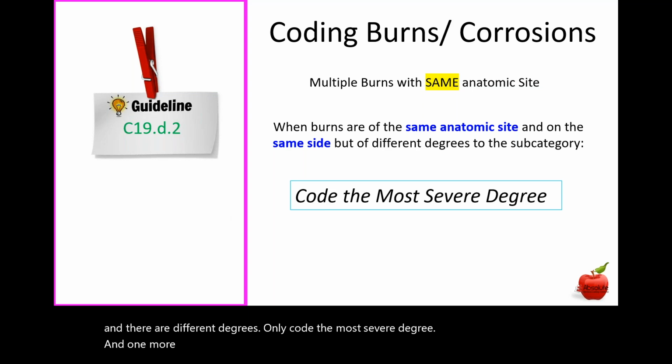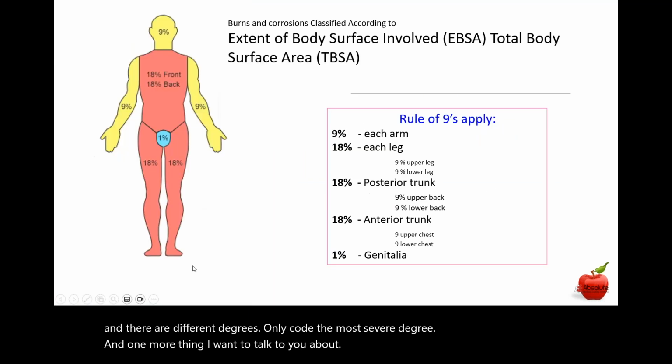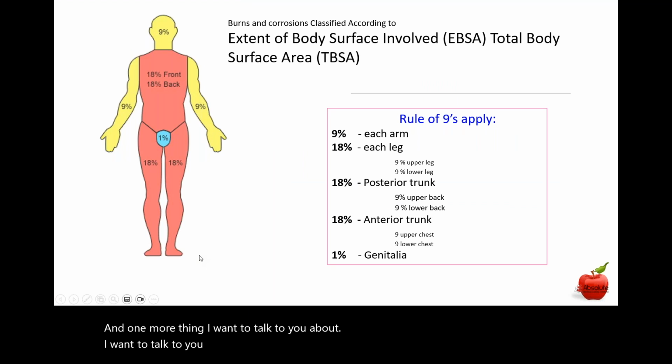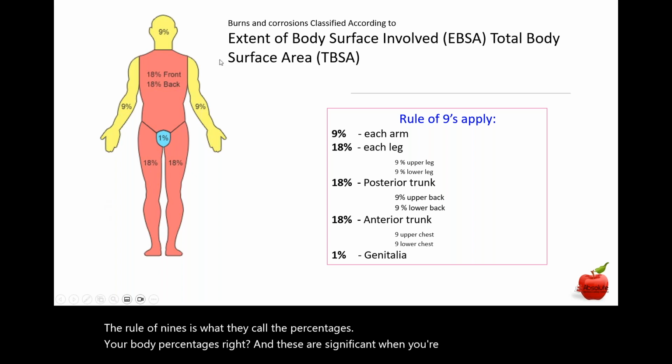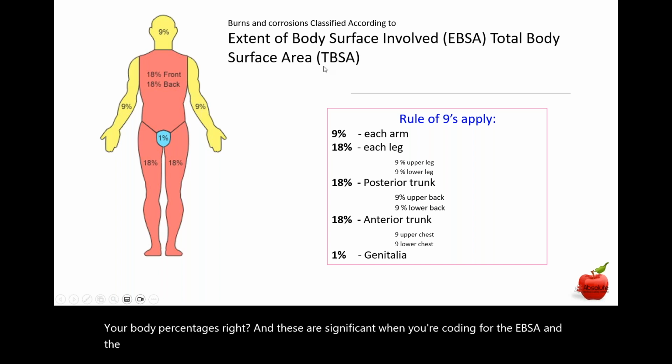And one more thing I want to talk to you about: the rule of nines. The rule of nines is what they call the percentages, your body percentages, and these are significant when you're coding for the EBSA and the TBSA.